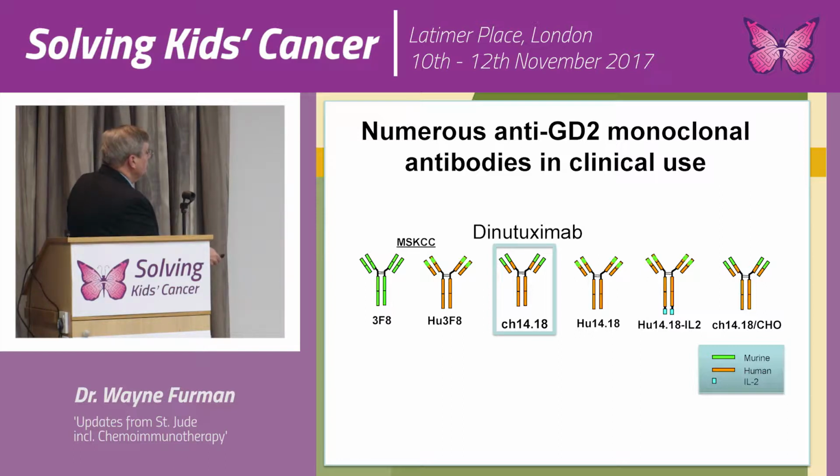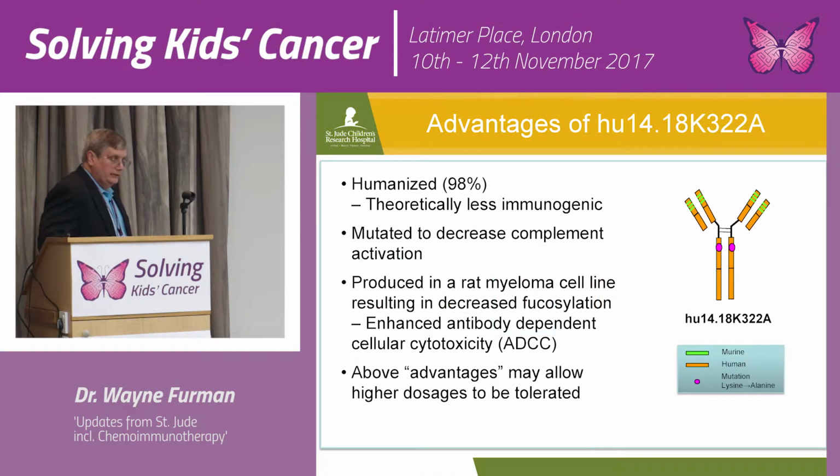And then this is the European version, which is basically identical to CH14.18 except for the sugars that are attached to the antibody, and that has to do with the cell that it's made in.